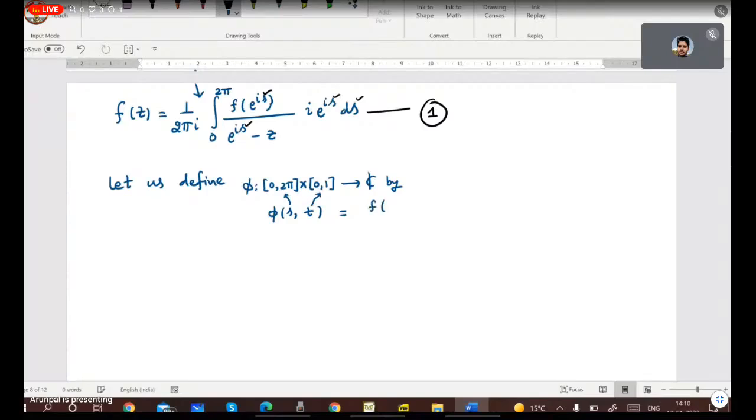We are defining this function f of z plus t into e^{is} minus z. Now class, this is really typical. This you can think of just by practicing the things. And let me call it class number 2.